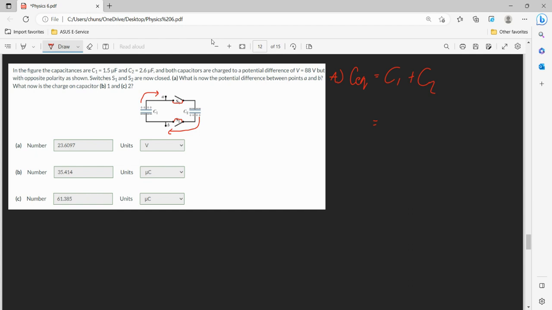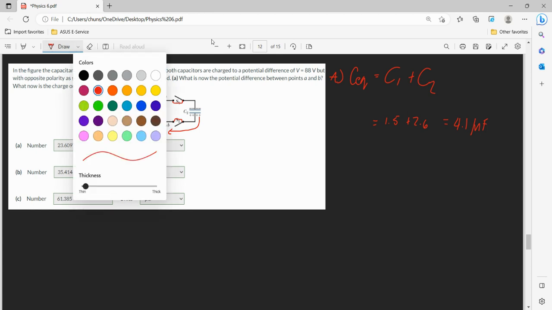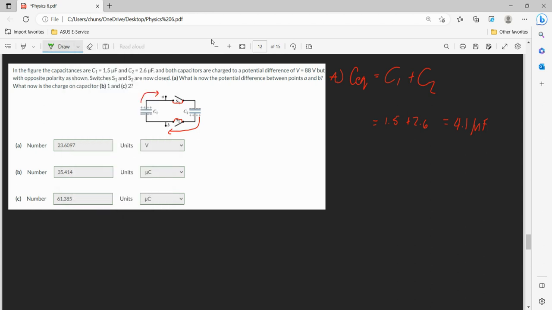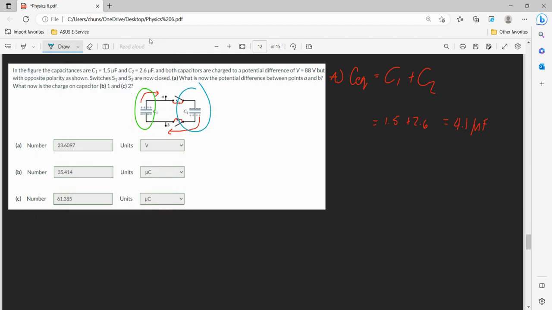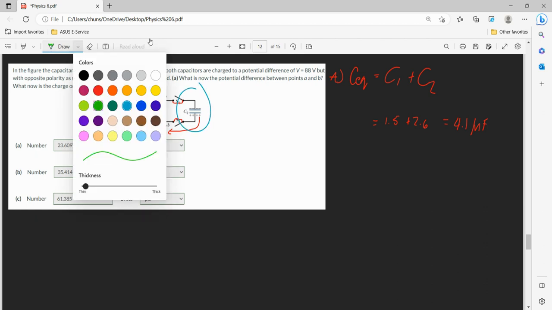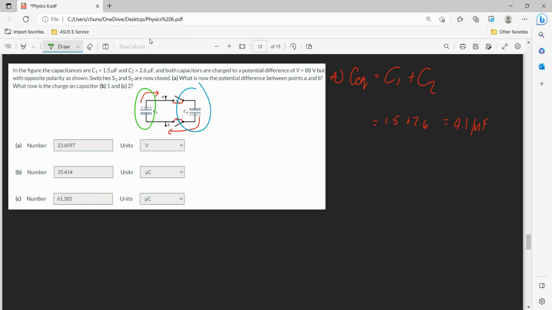And this would be equal to, so that's 1.5 plus 2.6 microfarads, which is equal to 4.1 microfarads. Okay, and if we were to calculate it just for each one, so if I were just to isolate C1 and then C2, we can find the amount of charge in each one after they've been dissipated.